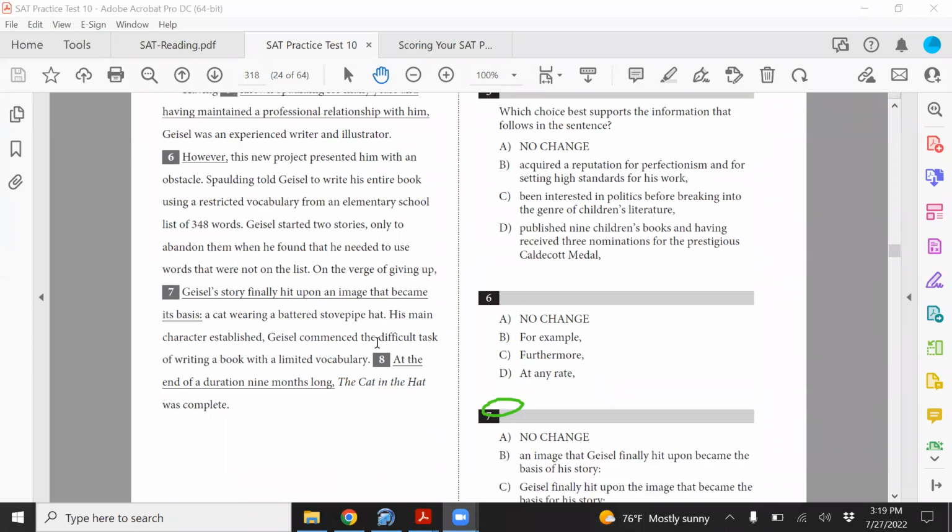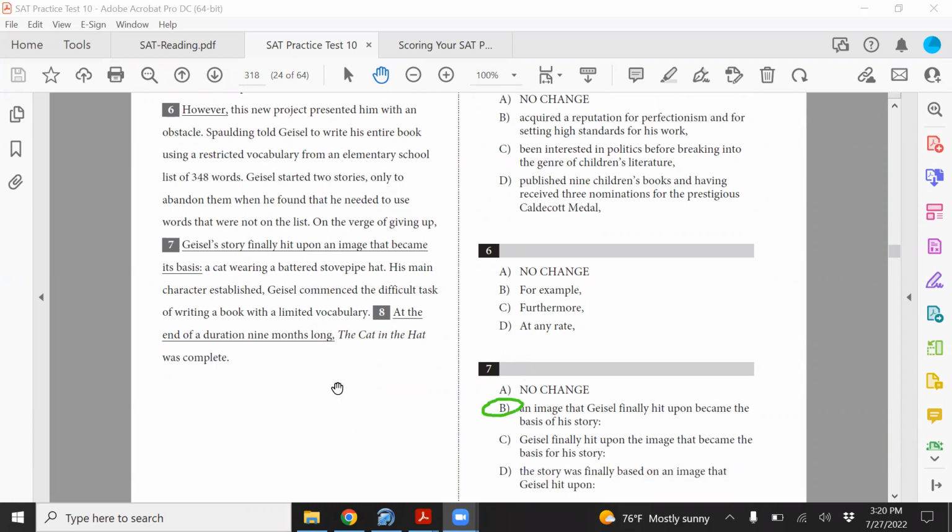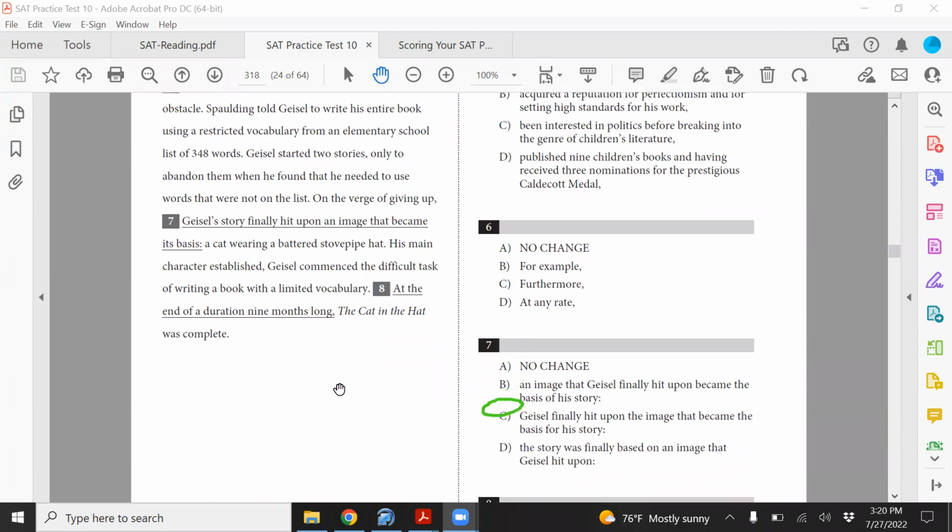Spalding told Giesel to write his entire book using a restricted vocabulary from an elementary school list of 348 words. Giesel started 2 stories, only to abandon them when he found that he needed to use words that were not on the list. On the verge of giving up, Giesel's story finally hit upon an image that became its basis: a cat wearing a battered stove pipe hat. I kind of like the way it is, but let me keep going.